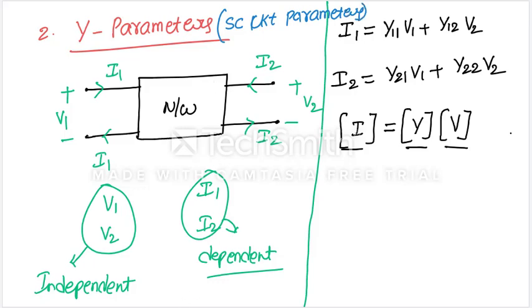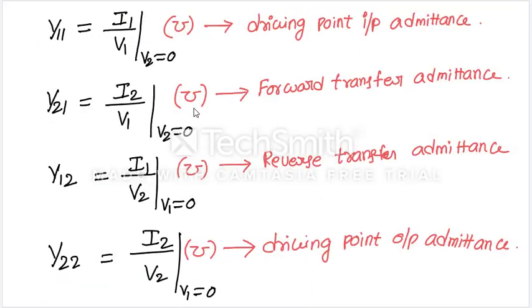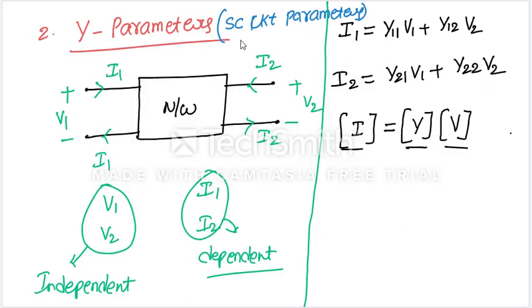And since the units are mhos, these are also called admittance parameters.